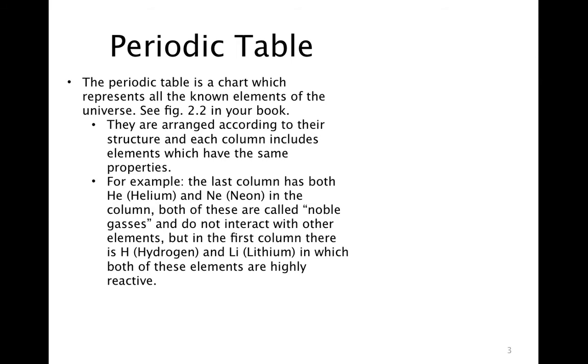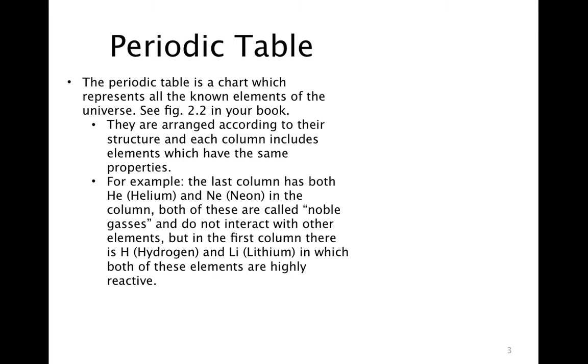Now, the periodic table. If you look at figure 2.2 in your book, there's a picture of a periodic table. It arranges the elements according to categories, set up in columns. In each column, the elements generally have similar properties.